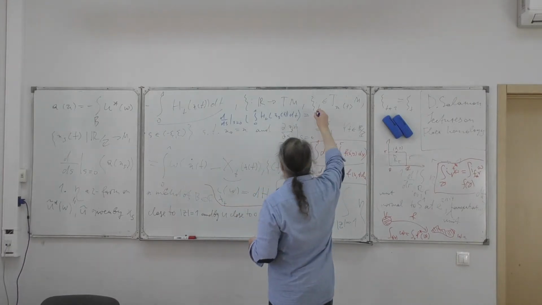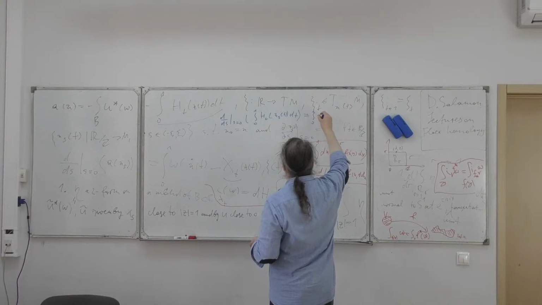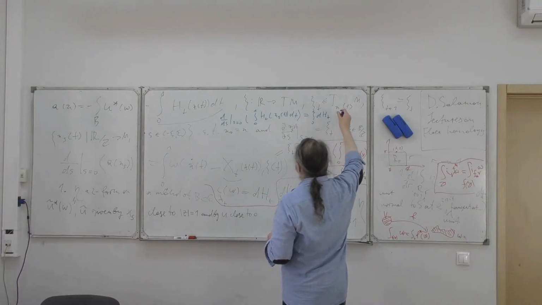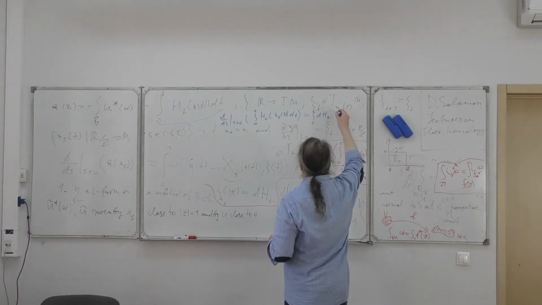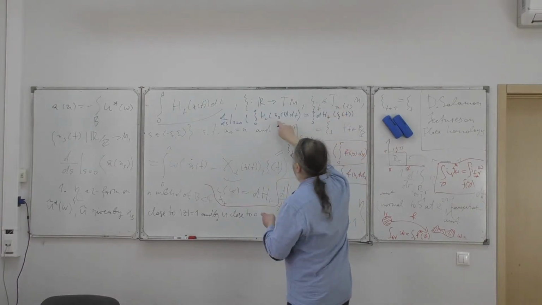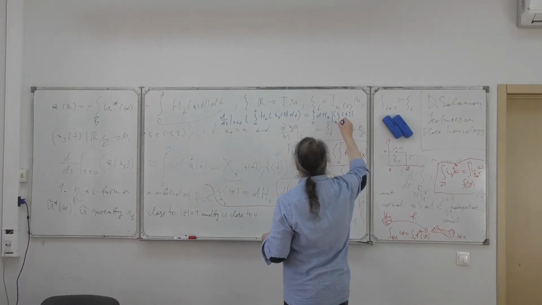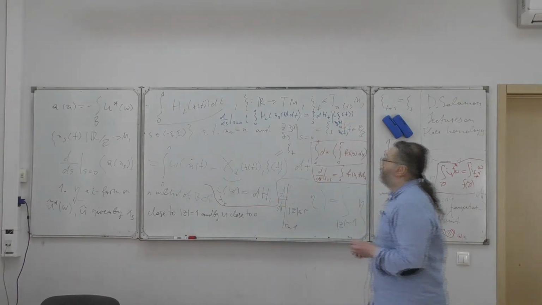My claim is the result is the integral from 0 to 1 of dht applied to psi of t, the differential of ht at the point x naught of t, which is the same as x of t.